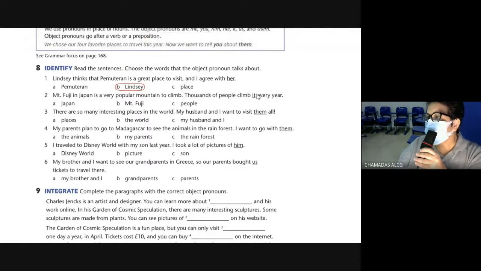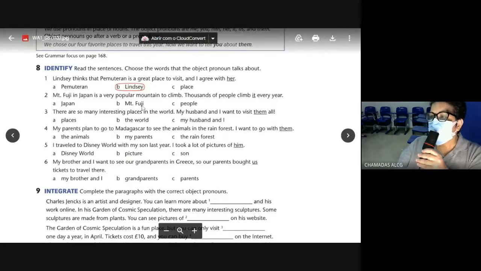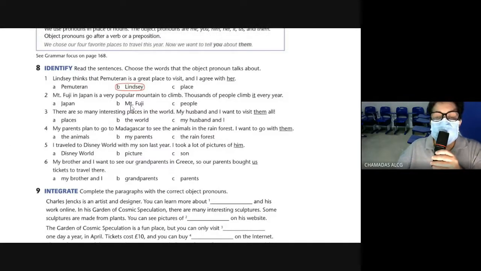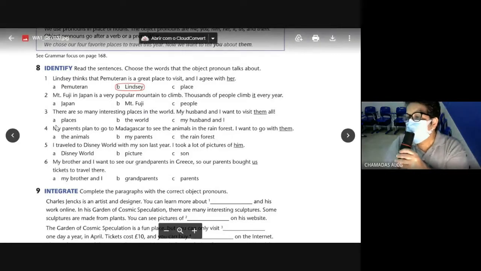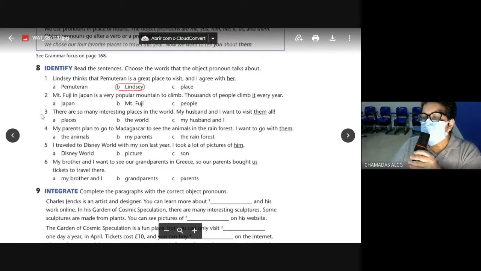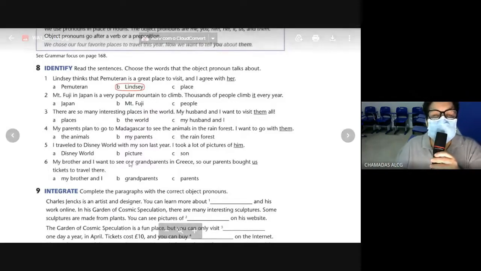So it refers to Mount Fuji. Mount Fuji is the name of a mount. Okay. Now, people, do numbers 3, 4, 5, and 6. And then we correct.